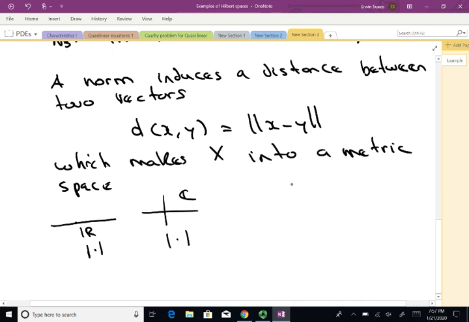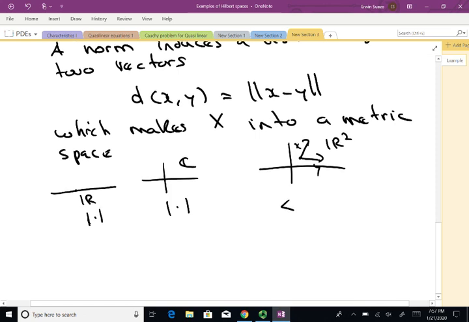Then you start making vectors. So this is R2. You have x, you have y, and then you define an inner product. And it turns out that this inner product can define a norm.